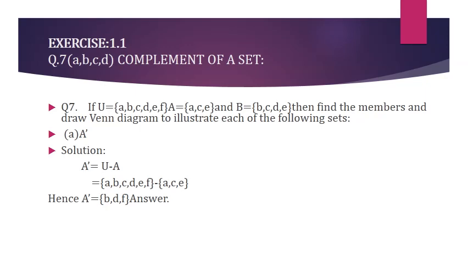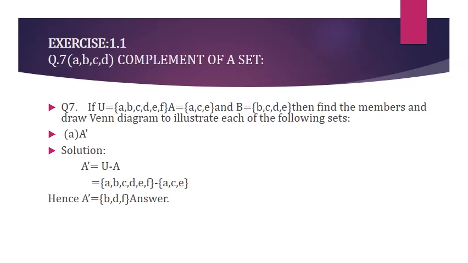Now in question 7 part A, we have to find A complement. In the solution I have written A complement equals U minus A, that is the formula of complement. In the second step you write the elements of U, that are A, B, C, D, E, F, and the elements of A, that is A, C, E, and between the two sets the sign of minus.